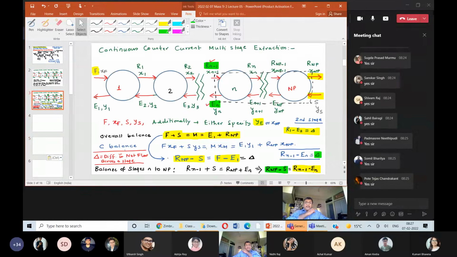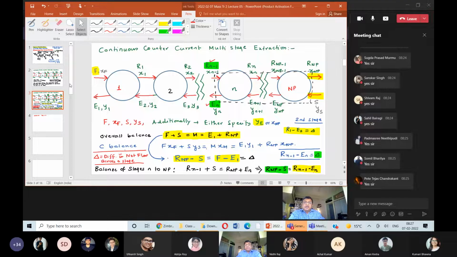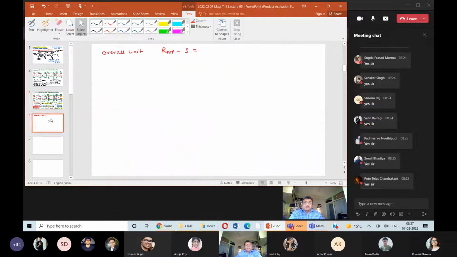So what we can write is that for the overall unit, R_NP minus S is equal to F minus E1, which is equal to delta.